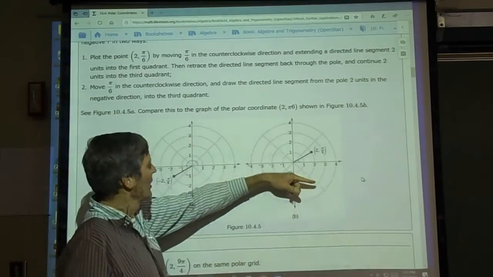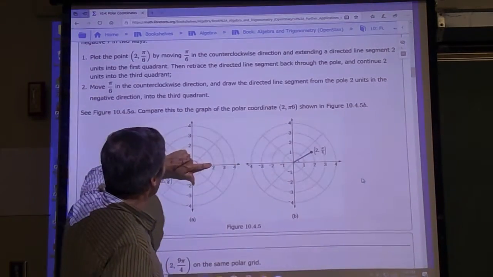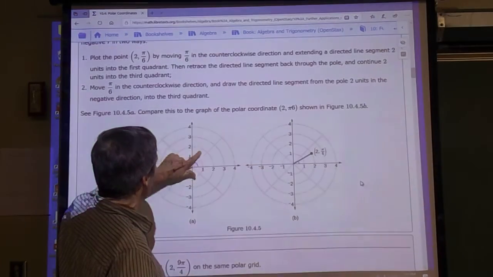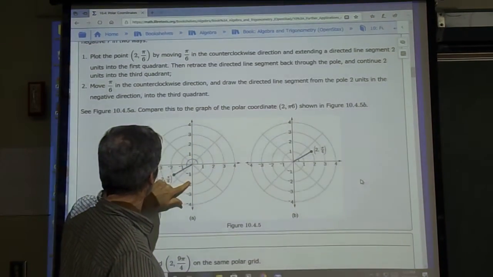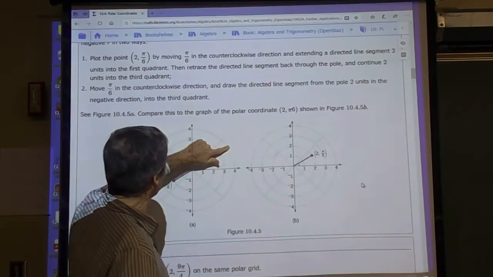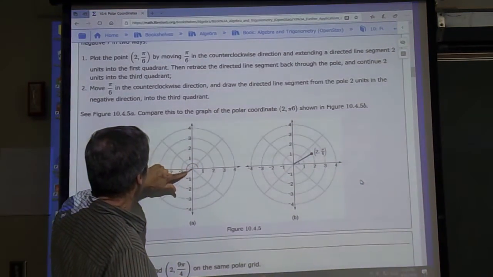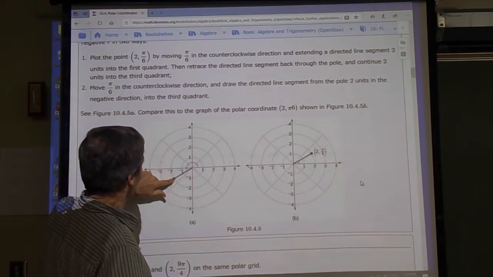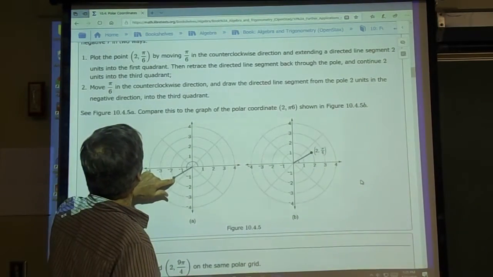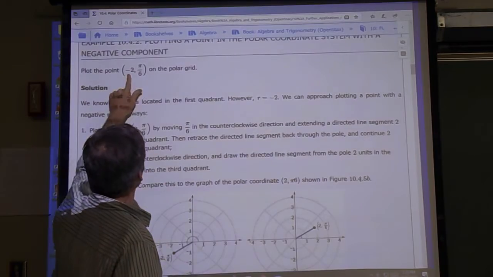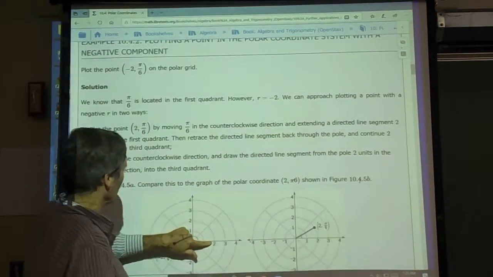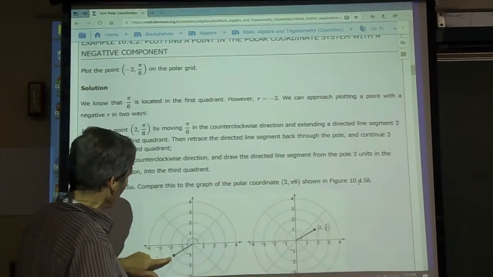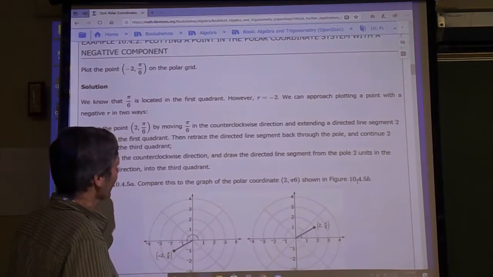I'm going to turn through an angle of pi over 6. That's 30 degrees, so it's one third of a right angle. It's about here. And then I'm going to back up 2 units, 1, 2, since r is negative 2. And the point with polar coordinates (-2, pi over 6) is actually this point right here. Turn through pi over 6, go negative 2 units.